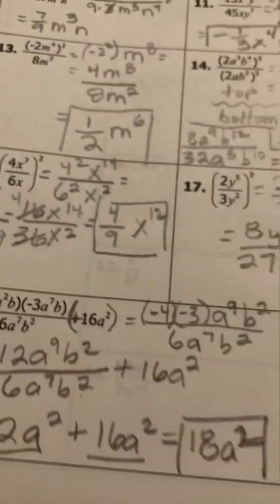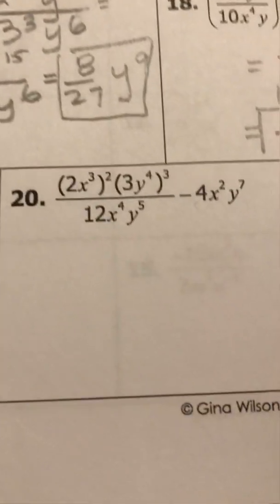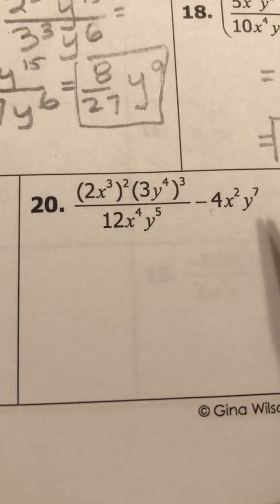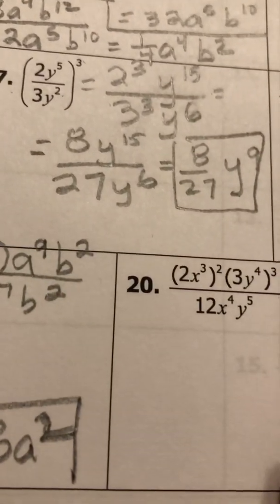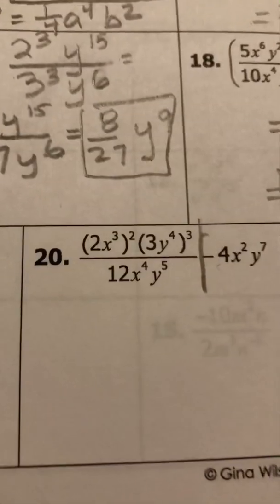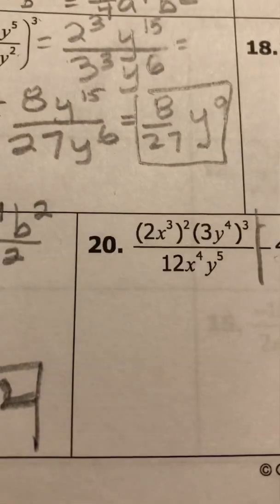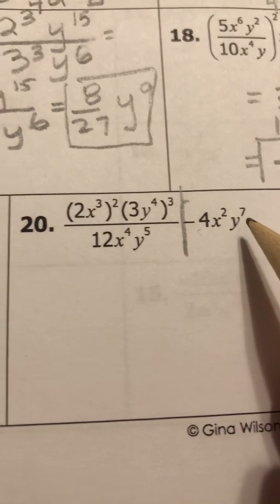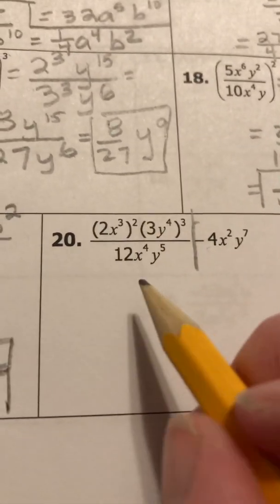Okay, last but not least, the grand finale, number 20. Oh, this is a whopper too, but we can do it. So I'm going to start by, again, I'm going to just break this apart because I like to break things apart. Looks like I'm subtracting another term over here. But let's go and simplify this.